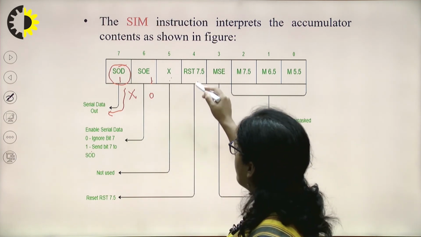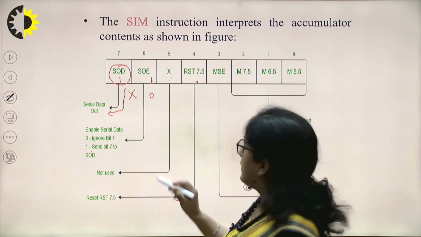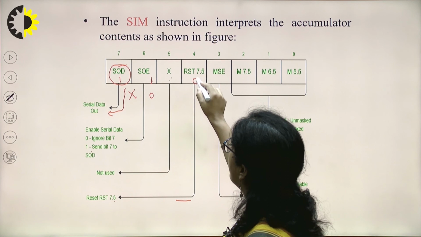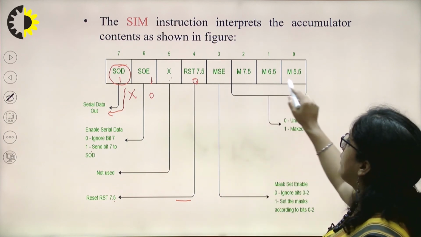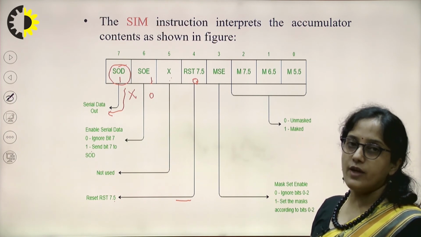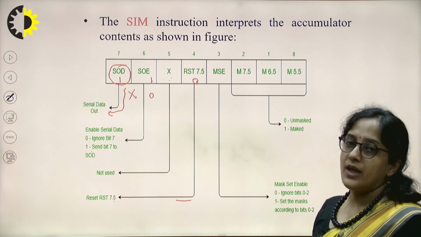RST 7.5. If I have to reset this interrupt, then I will use this bit of the accumulator and make it 0. If I have to mask any of these interrupts, there are 3 hardware interrupts: 7.5, 6.5, 5.5. TRAP is the non-maskable interrupt, and there is INTR.